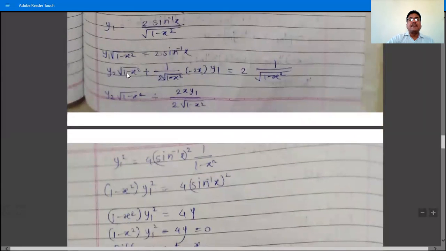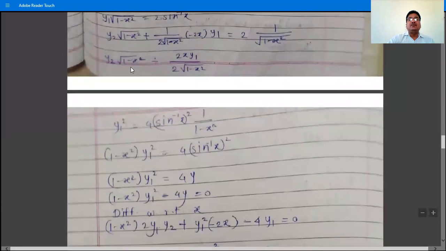So y2 root 1 minus x square, u into v rule, plus the derivative of root 1 minus x square is 1 by 2 root 1 minus x square into minus 2x. The derivative of root 1 minus x square is what? Minus 2x into y1 as it is. So u into v rule is equal to 2 sine inverse x into the derivative, 1 by root 1 minus x square.